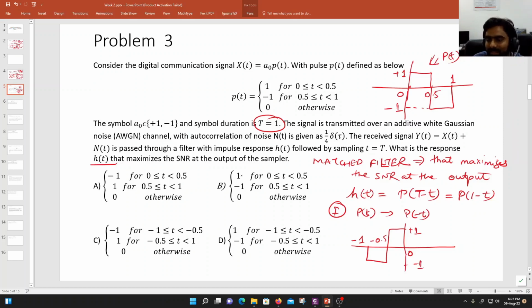Now the second step is delayed by capital T, that is T equal to 1. So it is nothing but p of 1 minus t. We will shift or delay this pulse to 1.